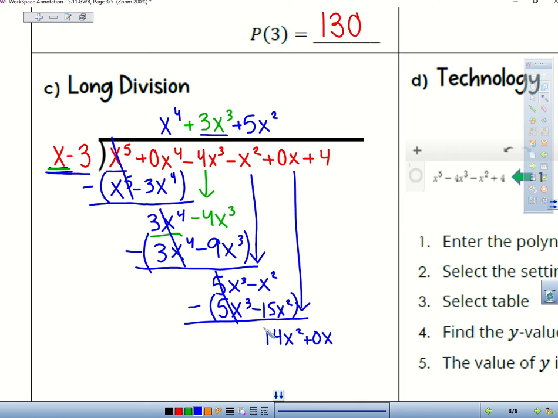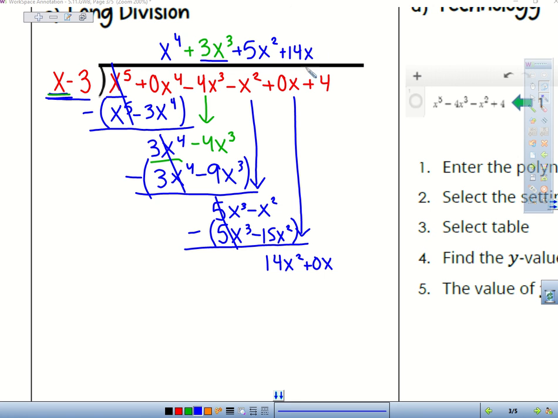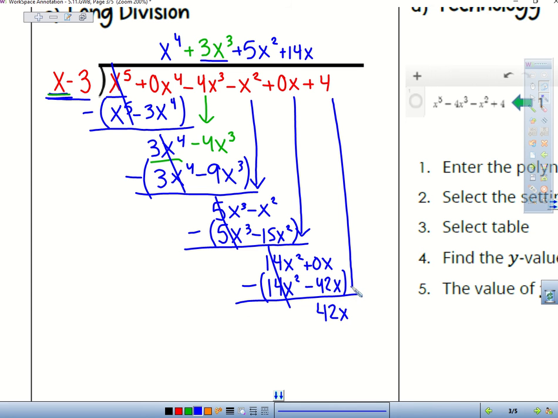What would we multiply x by to get to 14x squared? 14x. Good. Now we're going to multiply 14x times x minus 3, which is 14x squared minus 42x. Subtract. Cancel. This becomes addition. Bring down the 4.